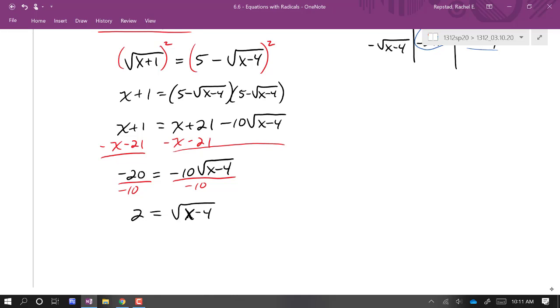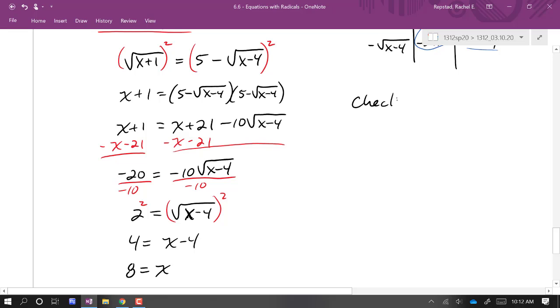Square both sides. So 4 equals x minus 4, and we get 8 equals x. What's left to do? Check. Always got to check these solutions. So check them in the original equation.